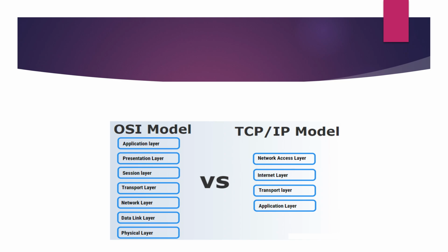However, under the TCP/IP model, we have a network access layer, internet layer, transport layer, and application layer. And in the previous slide, we have already seen what protocols are inside these layers. So let's continue to the next slide.